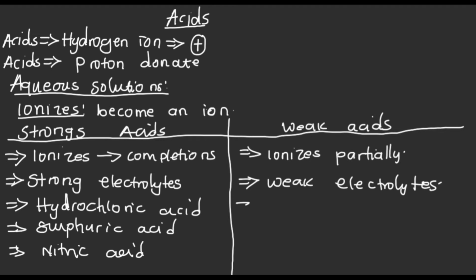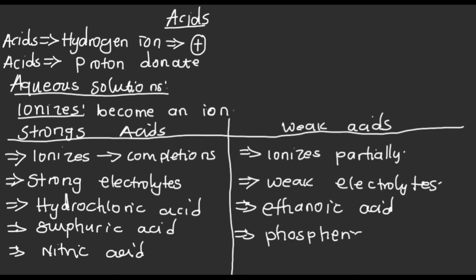Then for weak acids, we have ethanoic acid. So this is an example of a weak acid. Phosphoric acid is also an example of a weak acid. Even carbonic acid is an example of that.